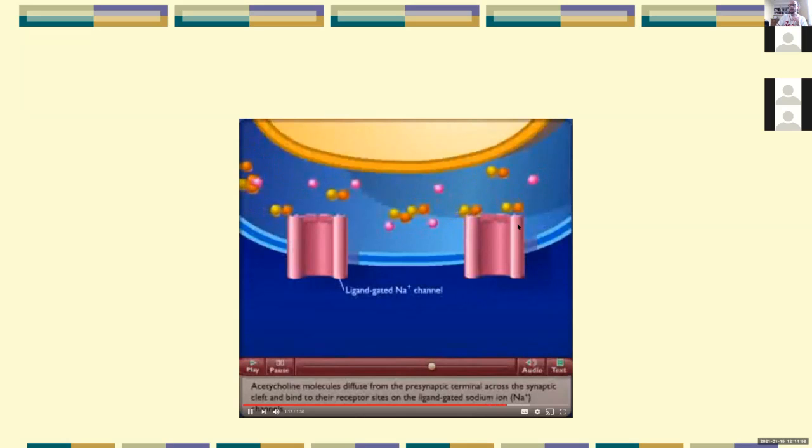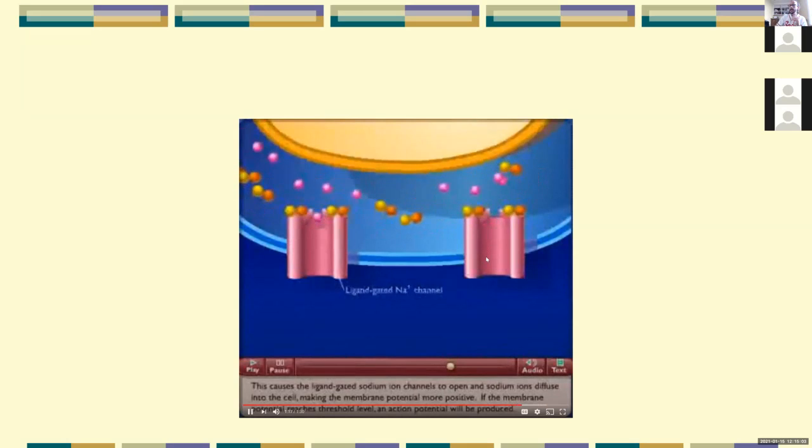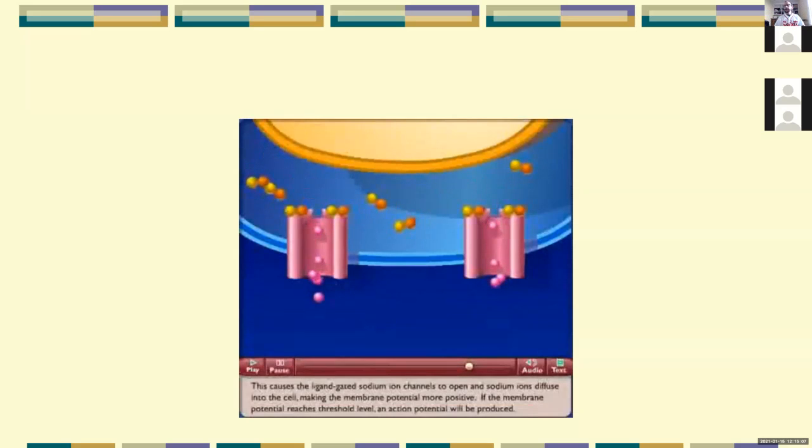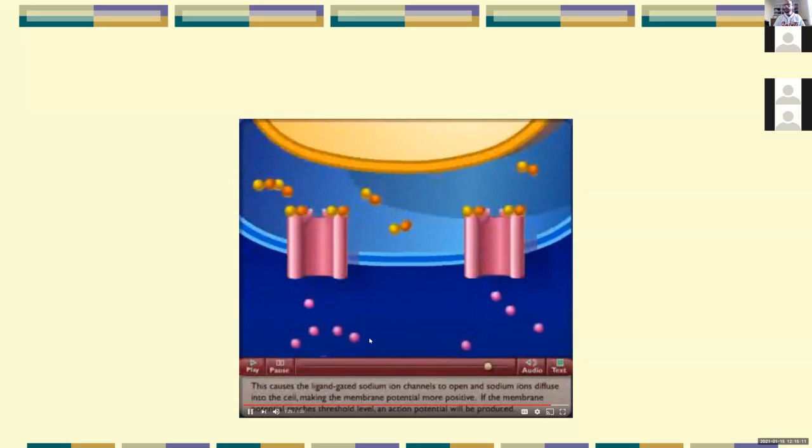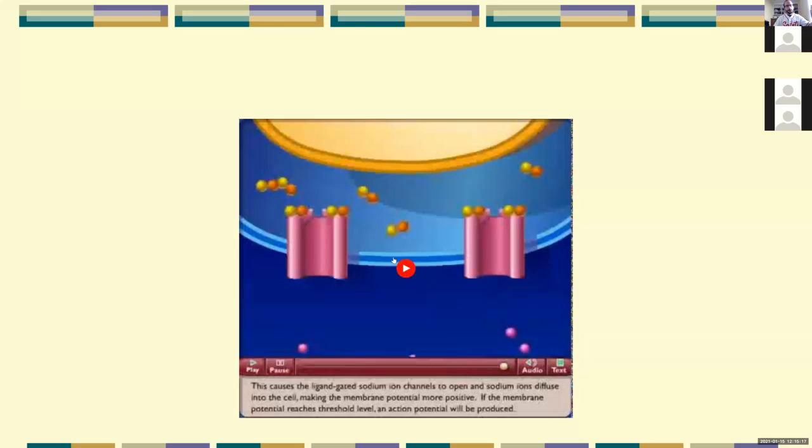Once they float to these receptors, they will cause those gates to open. See them opening, and then sodium is allowed to flood into that next neuron. And then if enough sodium floods in, you'll get depolarization of this neuron, and then it will travel all the way in one direction from dendrite, cell body, axon, synaptic terminal.